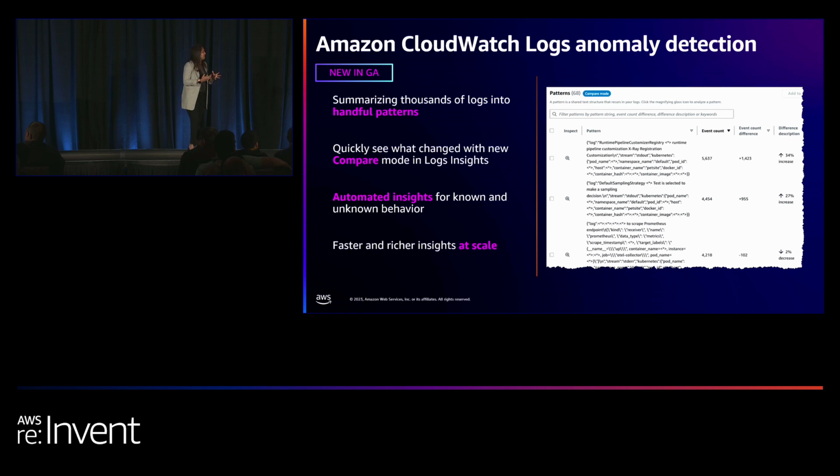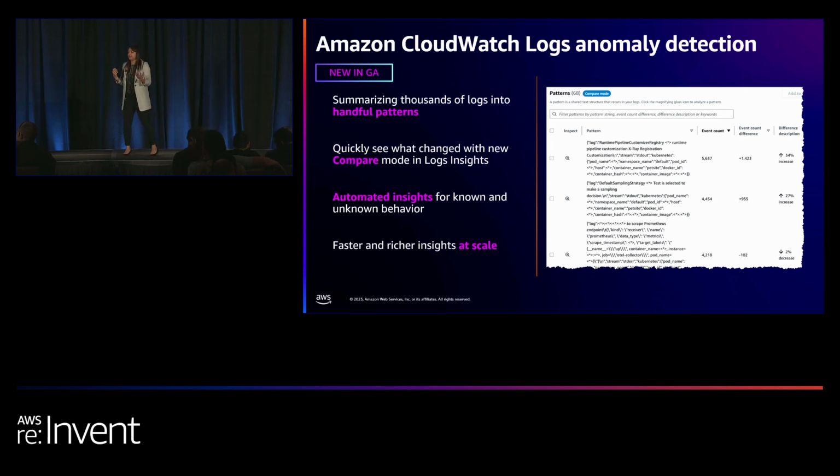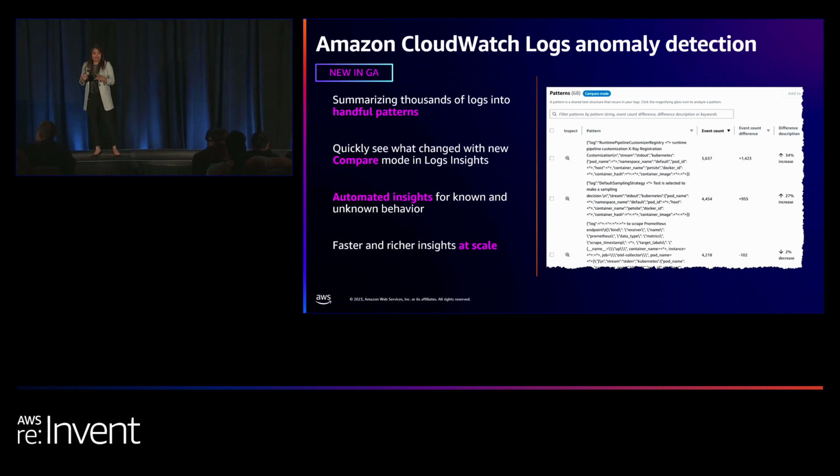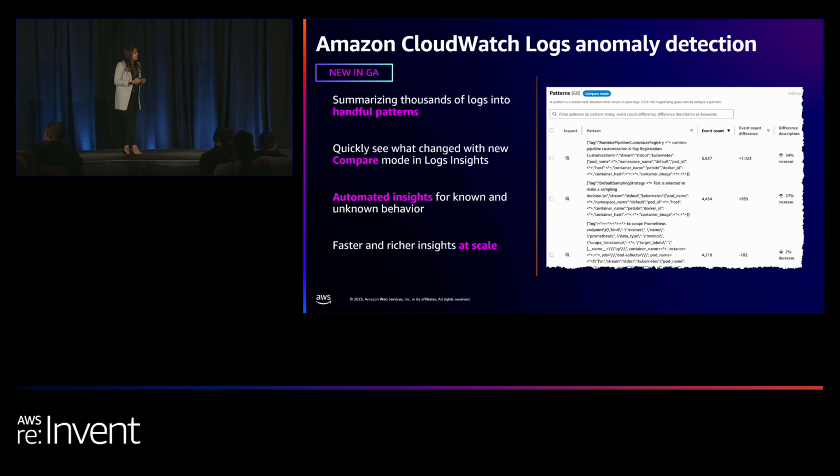One of the interesting capabilities here is the ability to compare. And this comparison between the before and after state really helps you understand not just anomalies and patterns, but also the change that is being observed in behavior. So there are, of course, additional capabilities that exist in CloudWatch Logs, and we're going to see it in the demo in a little bit.